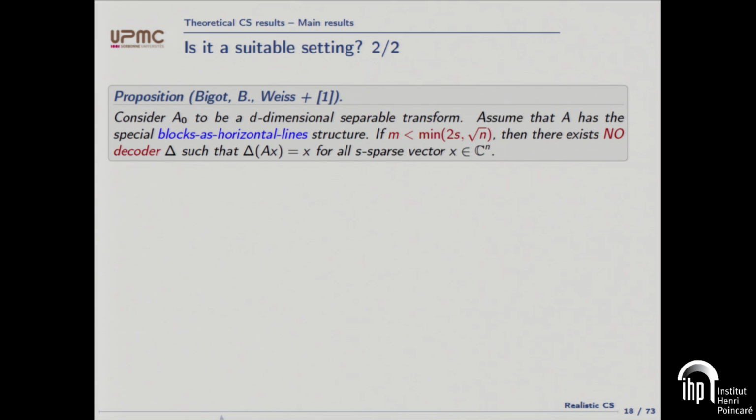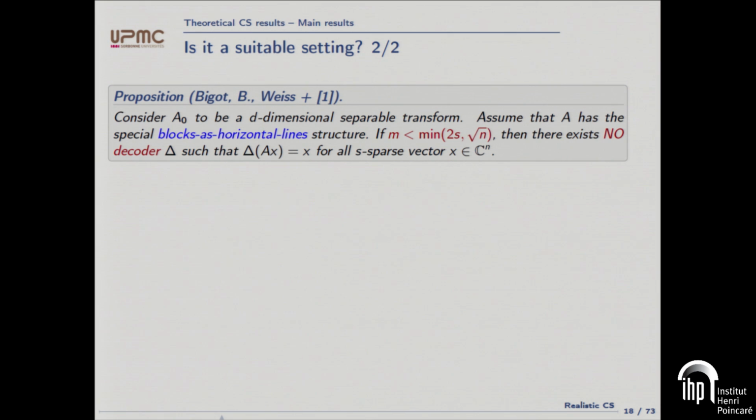Actually, no. Because if you consider that A0 here is a d-dimensional separable transform, let's say 2D, okay, for our case in MRI, and separable transform it is because we got the Fourier and we got the wavelet that we can see as separable transforms, meaning that you are just tensorizing 1D transforms.